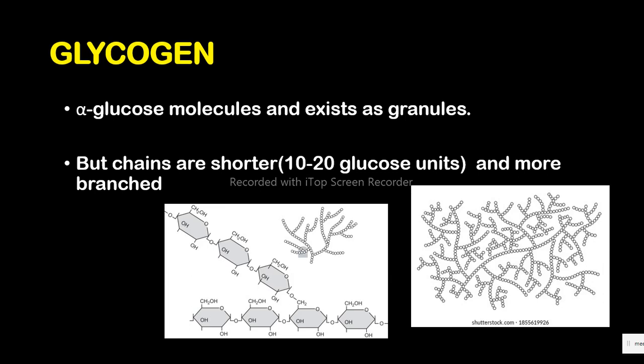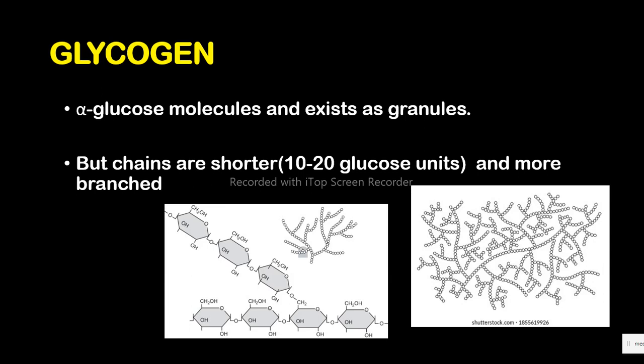But highly branched. Now think about this. Why do you need to do the branching? Why do you have to branch like this? This is a road. To reduce the parking space, to park as much as you can in little space possible.